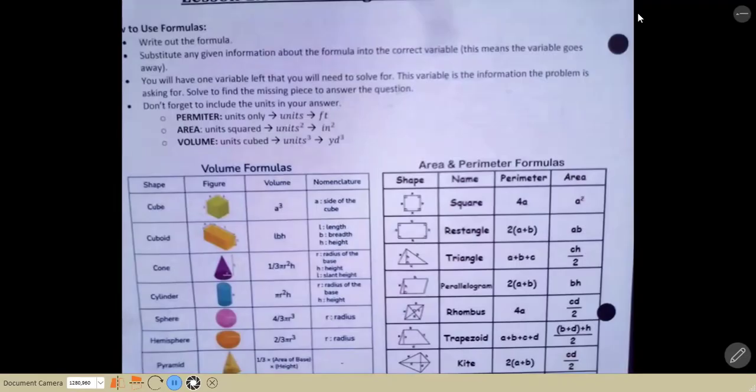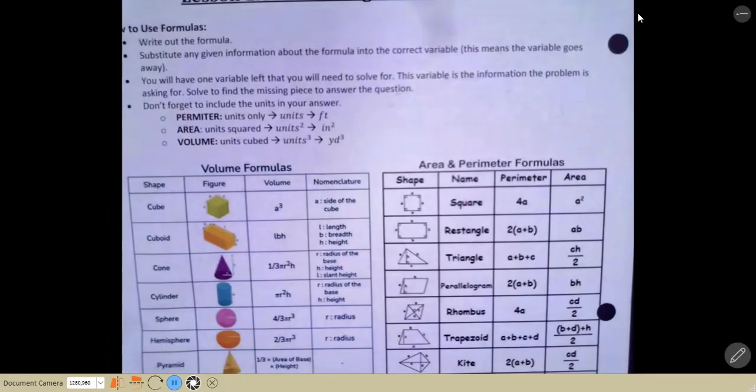That would be a point towards your problem. So if you don't write out the formula, then you lose a point. Also, if you don't use the formula to solve it, you lose points. So I don't want to just see chicken scratch to the side. I actually want you to write out the expression or the equation. And then if it asks you to solve, you can solve.